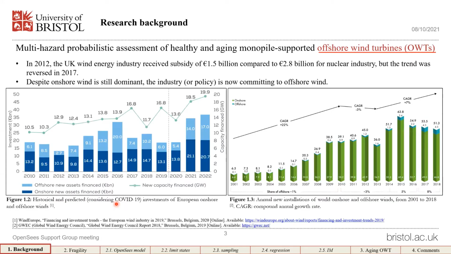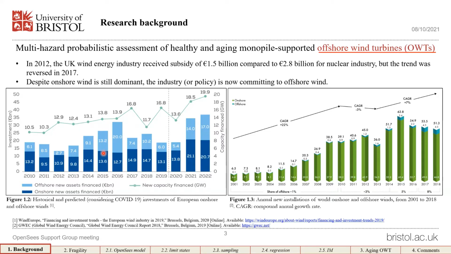The motivation of our work can be explained by the title of the talk today: the multi-hazard probabilistic assessment of healthy and aging monopile-supported offshore wind turbines. As we know, wind energy is currently considered a major driver to transition from conventional power assets to renewable. The figure on the left provides a comparison of investments between offshore and onshore wind turbines.